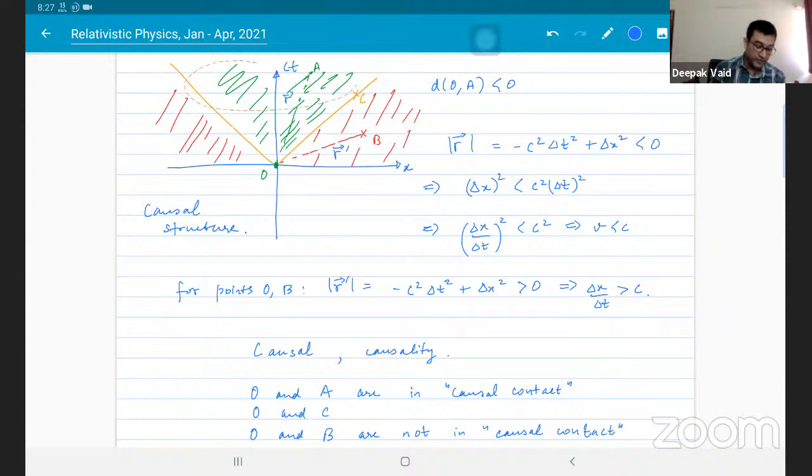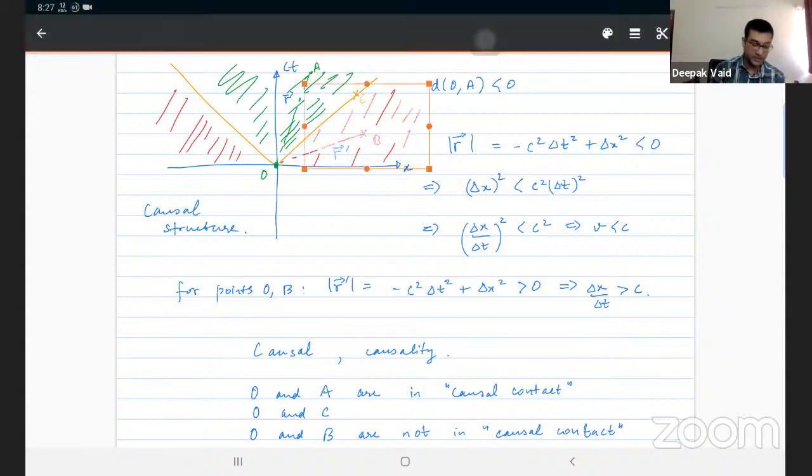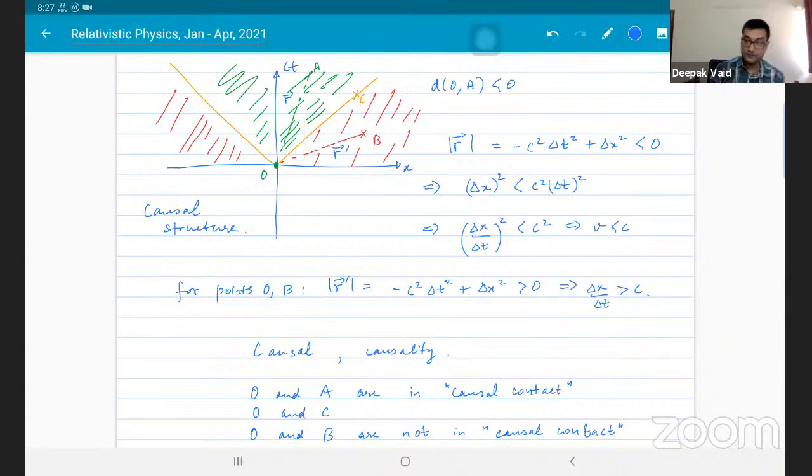So any point within the green region over here can receive a signal from this origin, but any point in the red region cannot receive a signal from the origin. So we say that the points in the green region with respect to this point are time-like separated. Points along the yellow lines are light-like, and points in the red region are space-like.